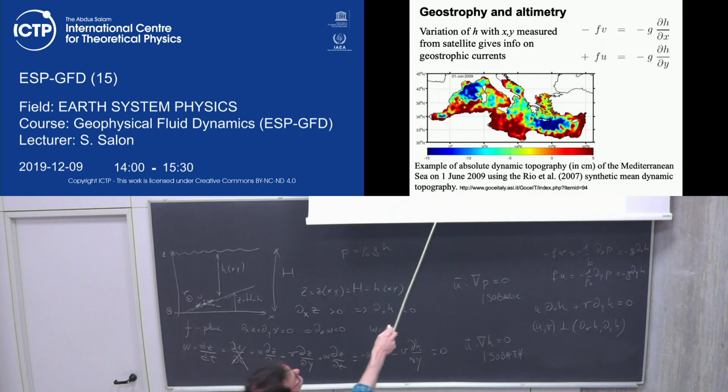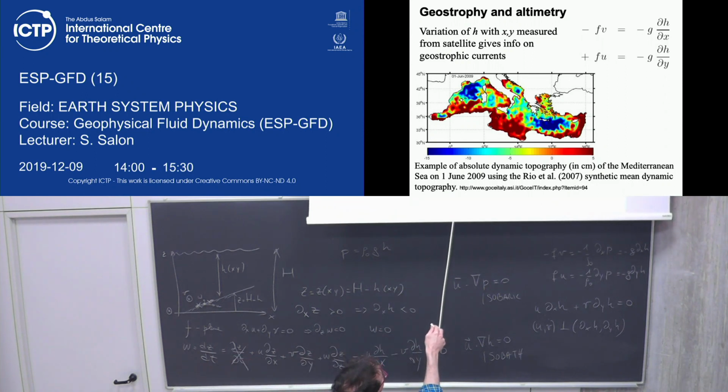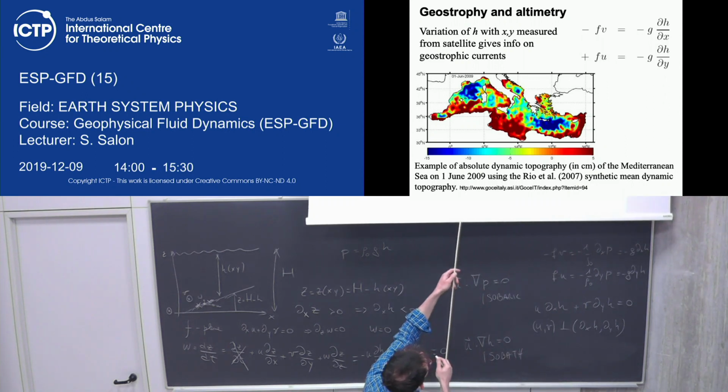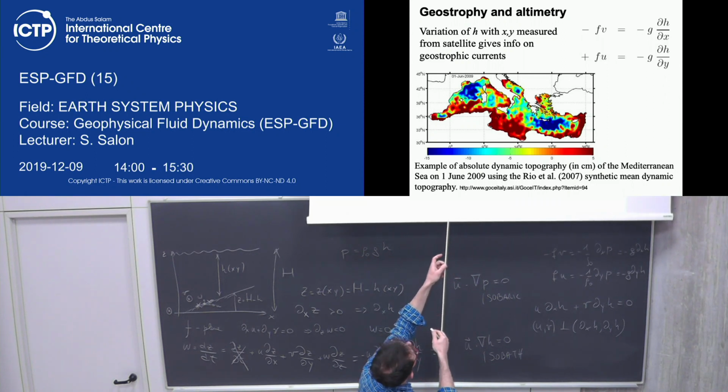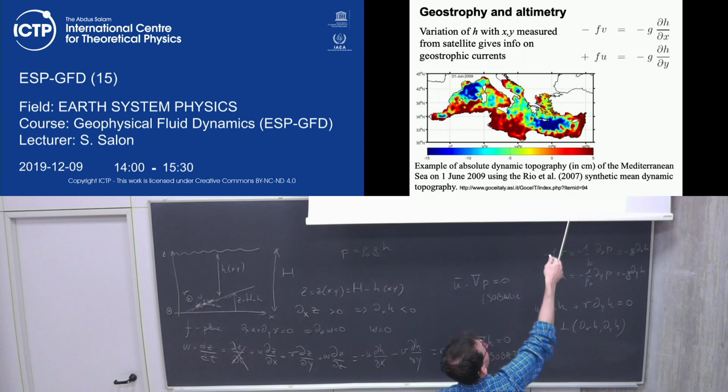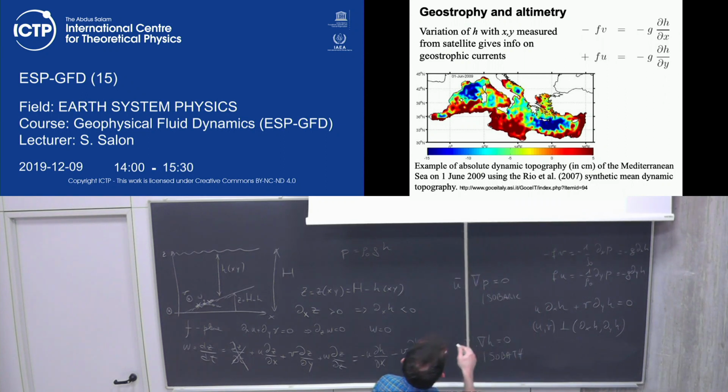So if we look, for example, in this position here, we have that the h over the y, it means that we are going from this direction to this direction, okay, along the y direction. So it is decreasing, right? Because we are going from high value to low value of h. So if it is decreasing, it means that this number here is negative. So negative minus, it means that this is all positive. So u is positive indeed.